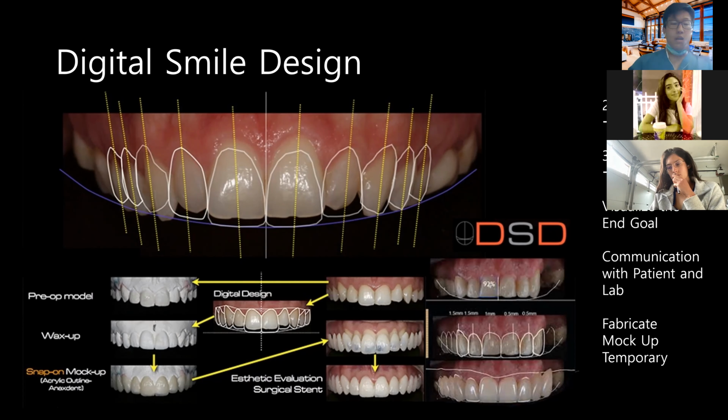You use a scan, and then you put three-dimensional fake veneers on the scanned model, and then that can be sent to the lab to help make temporaries, or you can also show it to your patient to show them three-dimensionally what they can be. So the main point of this is to facilitate communication with the patient and the lab by visualizing the future outcome.